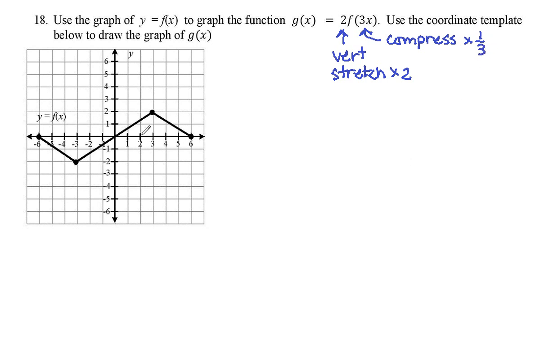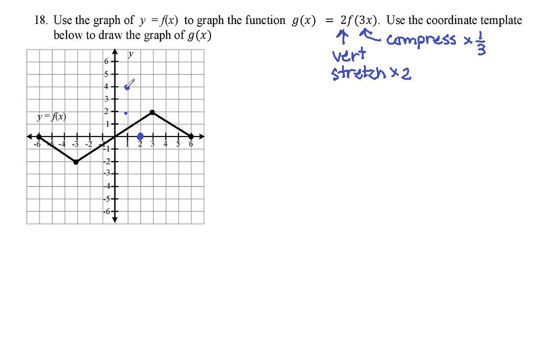So instead of this point going over from 0 over to 6, it's only going to go from 0 over to 2. Okay, because horizontally, you compress it to 1/3 of the size. And then this one, instead of going over to 3, it's only going to go over to 1. But you've got a vertical stretch times 2. So it's going to be 1/3 as wide, but it's going to be twice as high.